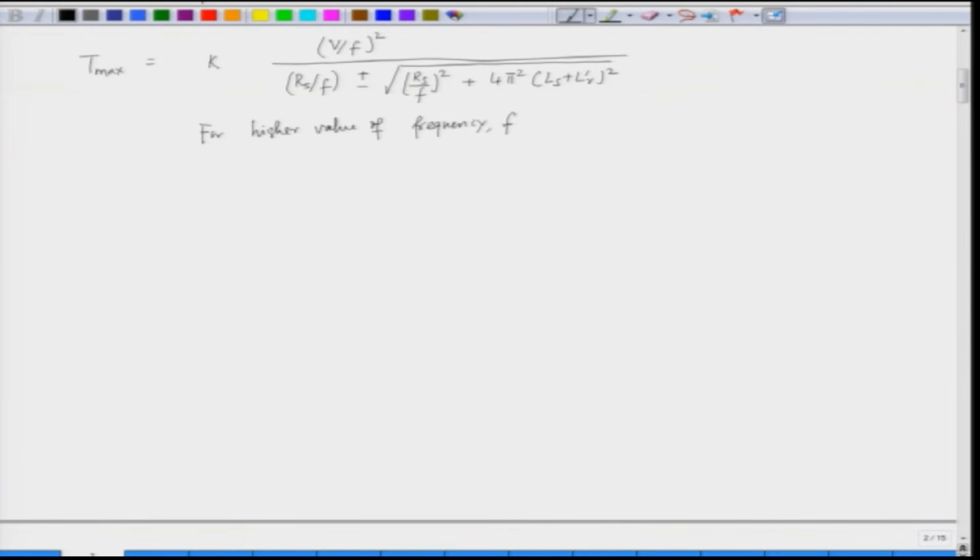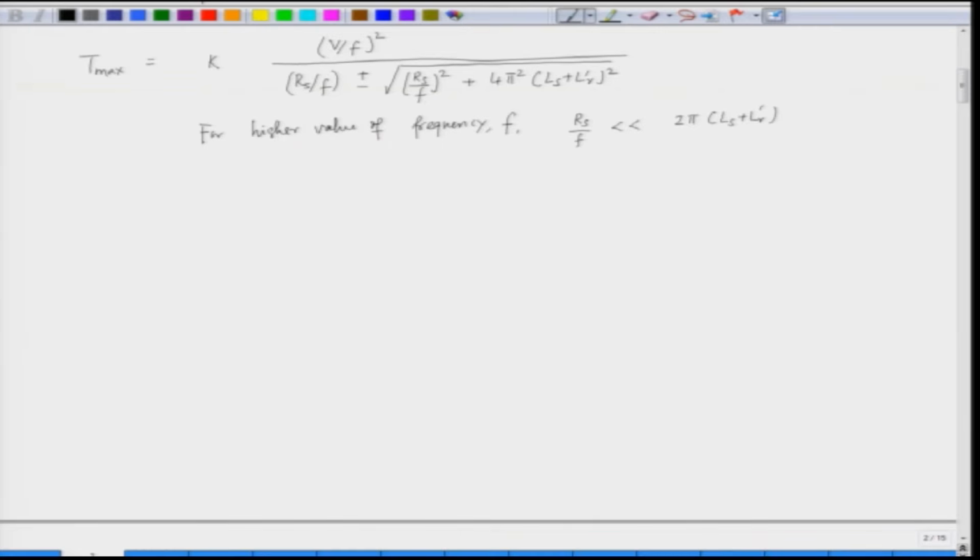f, what we can say here is the following. We can say that R s divided by f is much smaller compared to 2 pi (L s plus L r prime). Since we have a large value of f, R s by f is much smaller than 2 pi (L s plus L r prime).